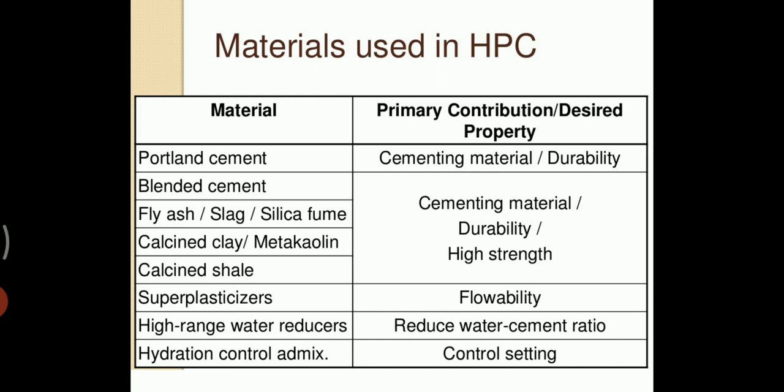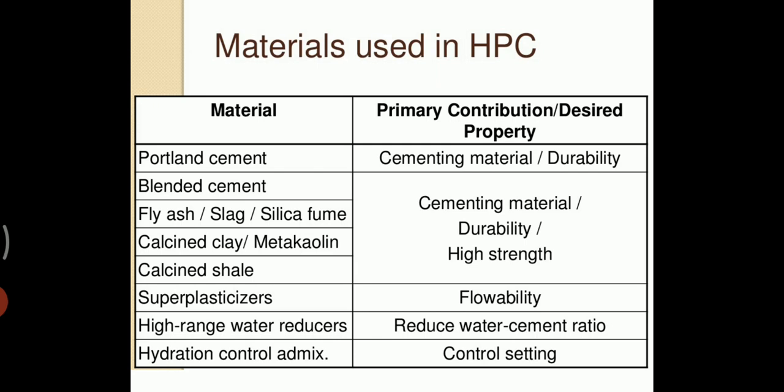Yes, these are some pozzolanic materials which are used for improving the strength of this concrete. So those things are being used as cementing material, from the durability point of view and also for attaining high strength.